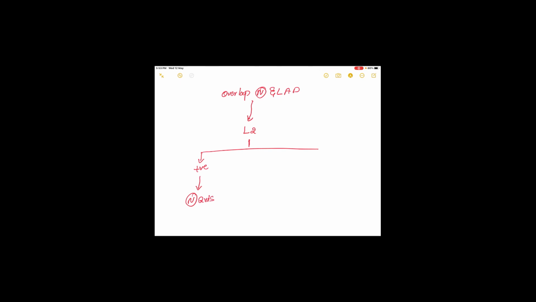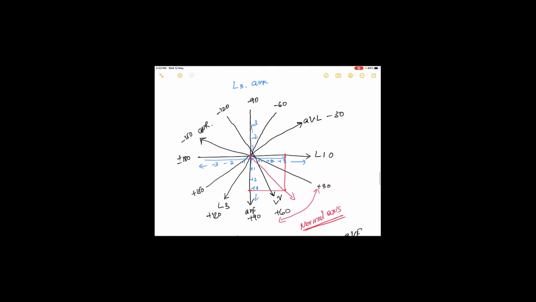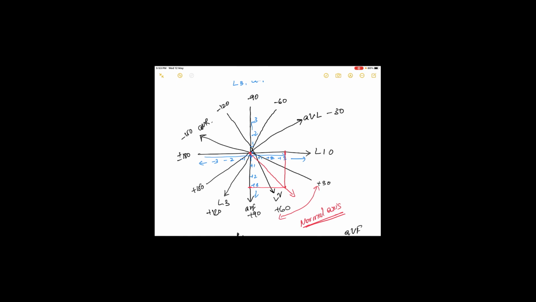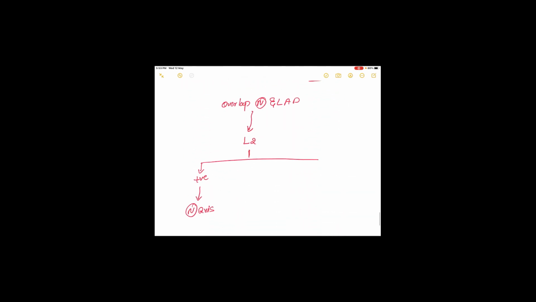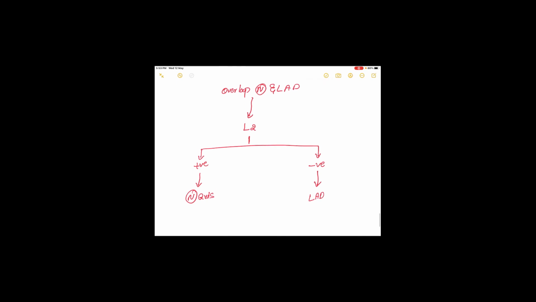As here, see lead 2, a positive wave will be in this part, so it is a normal axis. If lead 2 has a negative wave, the negative wave will be here, and it is moving away from lead 2, so it is left axis deviation.